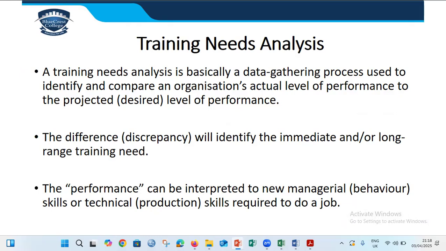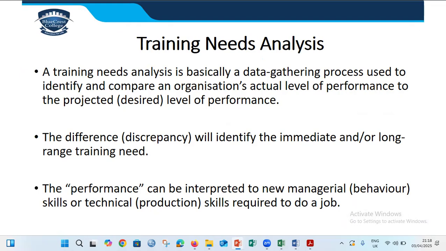All right. So, like we have said already, and as we have discussed earlier, a training needs analysis is a data gathering process that is used to identify and compare an organization's actual level of performance to the projected or desired level of performance.